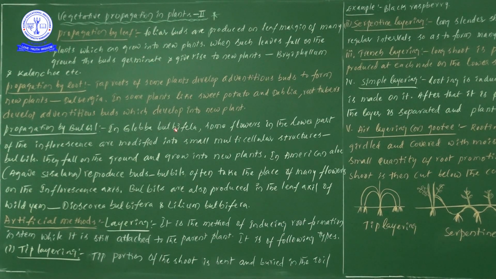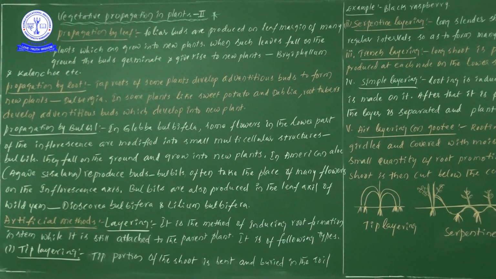So simply here 3 examples are there. In 2 examples, bulbil development we have observed in the inflorescence. In 1 example, bulbil development we are observing in leaf axillary regions. Best example is Dioscorea bulbifera, and one more example, Lilium bulbifera.